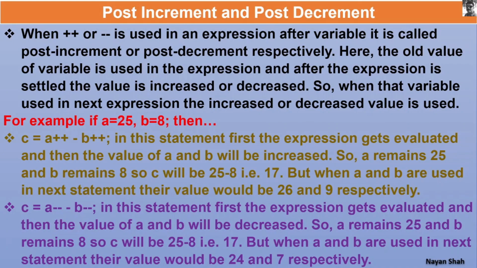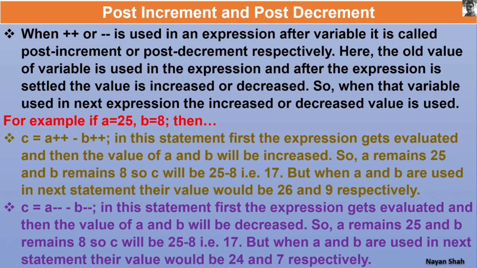Post-increment and post-decrement: when plus plus or minus minus is used in an expression after the variable. When it is used before, it is called pre. When it is used after, it is called post-increment or post-decrement respectively.